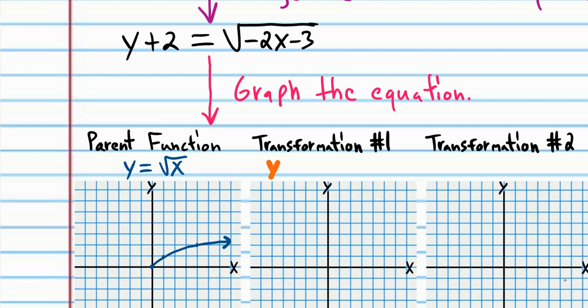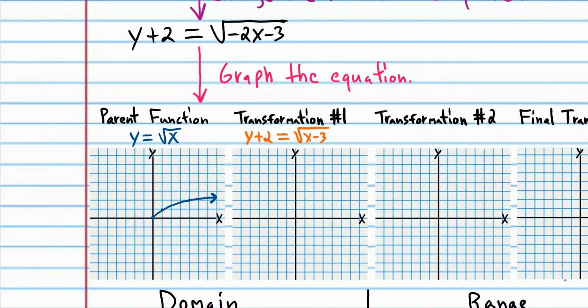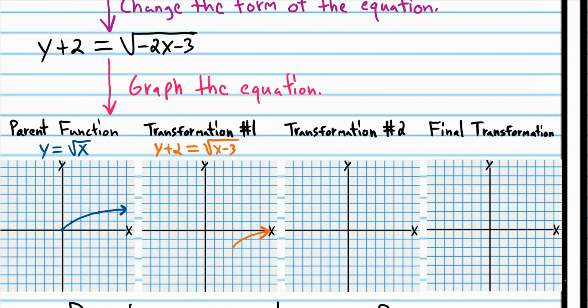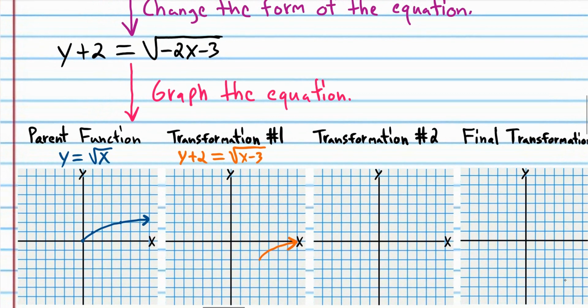So I'm going to replace y with y plus 2, and I'm going to replace x with x minus 3. And as you know, that moves the graph 3 units to the right and 2 units down. You already know this stuff, so I'm not going to spend a lot of time explaining all this. You have your reference points and you're familiar with these graphs. So now I'm going to reflect.